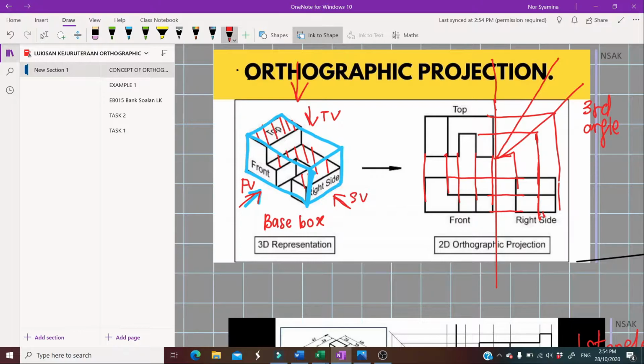Now if you can imagine the base box for any question, it will be easier for you to understand how the projected object would work. If you can't imagine the base box, it doesn't matter. Another way to understand orthographic projection other than drawing the base box would be to annotate each and every corner.